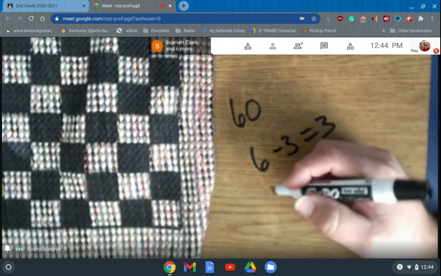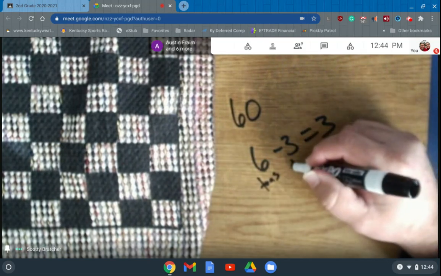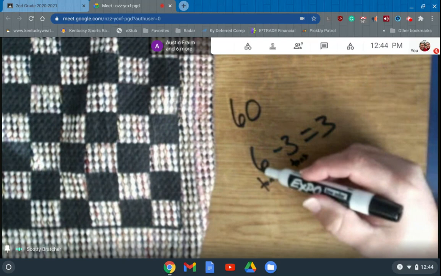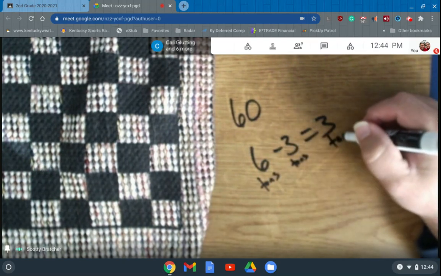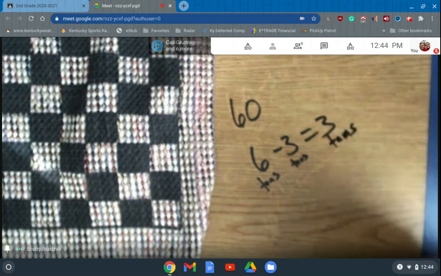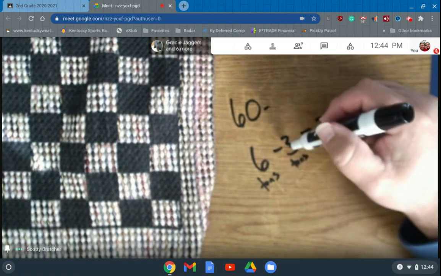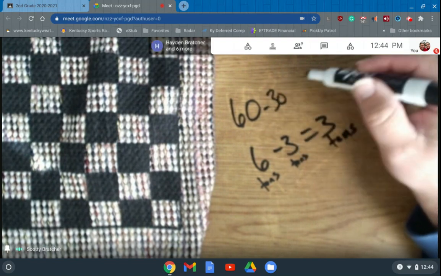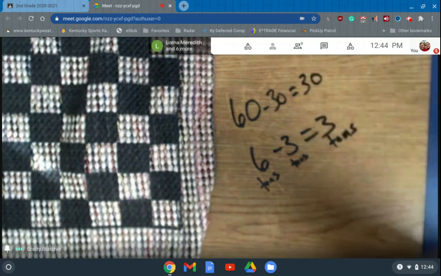And then we decided we could say this is 6 tens. This is 3 tens. If I have 6 tens and I take 3 tens away, I have 3 tens left. So I've got this is 60, and I take away this 3 tens, which is 30, and that equals this 3 tens, which is 30.